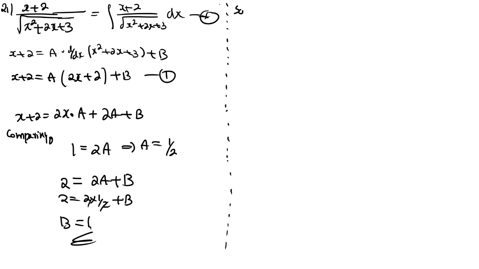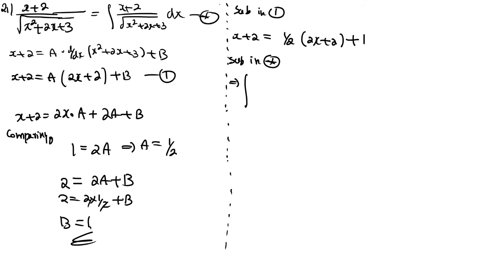Substituting in equation 1, we get x plus 2 equal to 1 by 2 into 2x plus 2, plus 1. Then substituting in equation star, the integration of x plus 2 is the integration of 1 by 2 into 2x plus 2 plus 1, divided by square root of x square plus 2x plus 3, into dx.